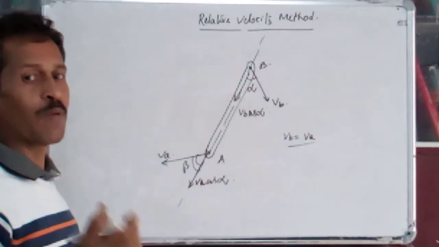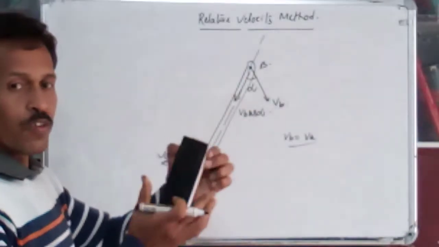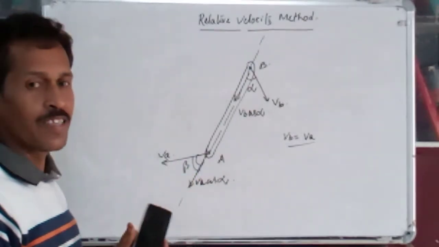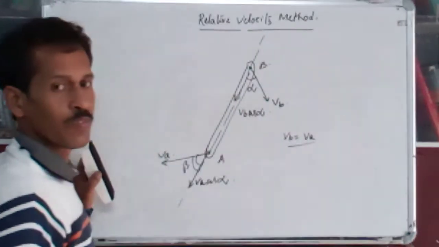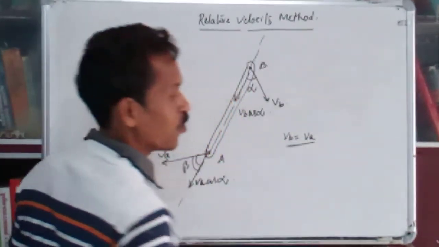If the relative velocity were there, it would try to elongate or shorten. As it is rigid, there will be no relative velocity between B and A. So in that case, VA is equal to VB.